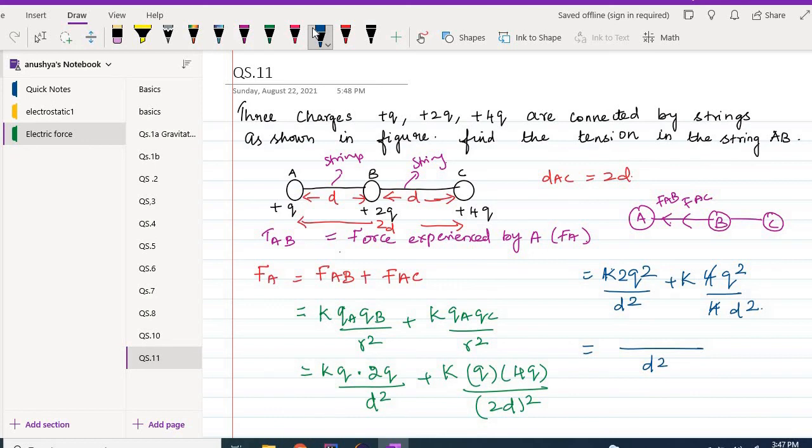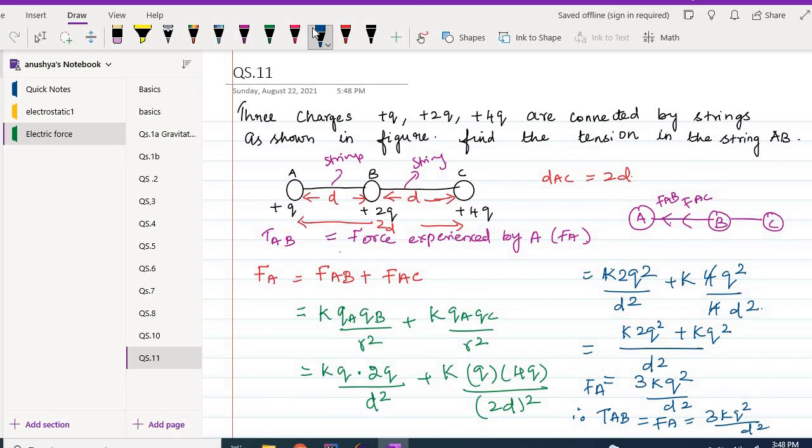Then we'll get K 2Q square plus KQ square, which is nothing but 3KQ square by D square. So therefore tension AB is equal to FA, which is equal to 3KQ square divided by D square.